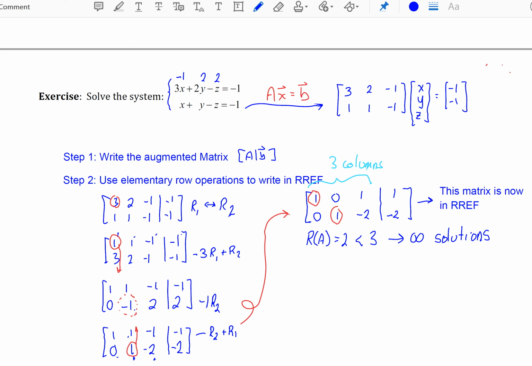So this would be negative 3 plus 4, which is 1. 1 minus 2 is negative 1. Negative 1 plus 2 is 1. 1 minus 2 is negative 1. So this one's also a solution.